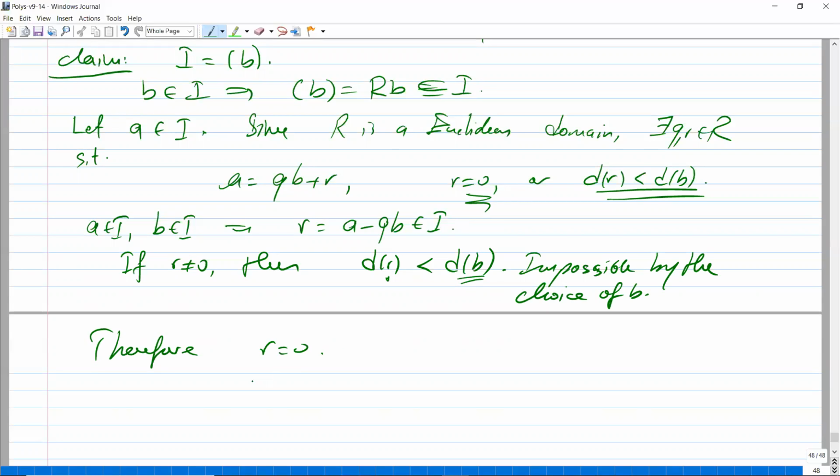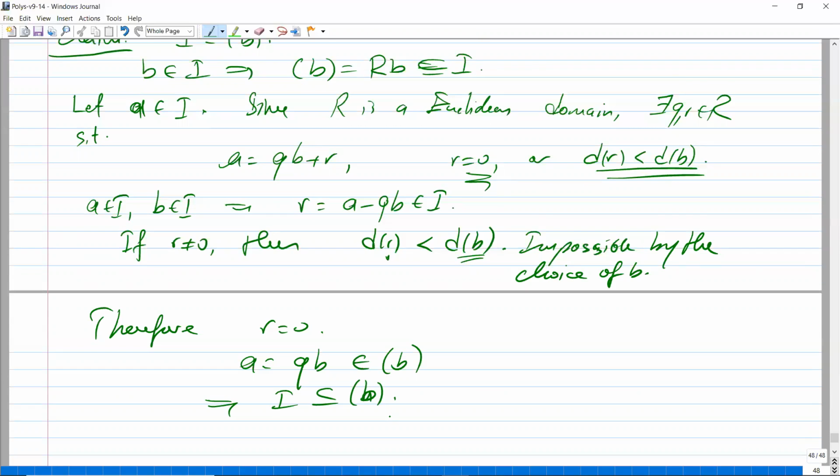So since R is equal to 0, A is equal to Q times B, and that is inside the ideal generated by B. So every element of I is inside this ideal, so that I is a subset of the ideal generated by B.